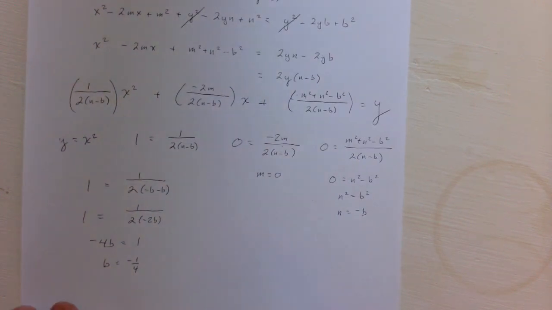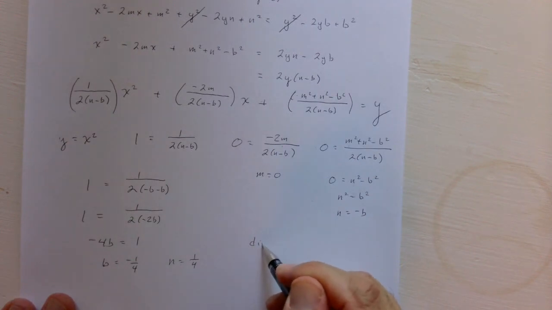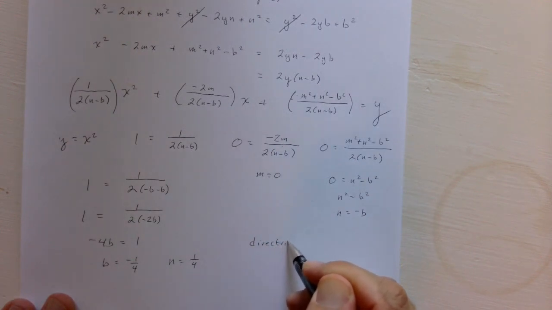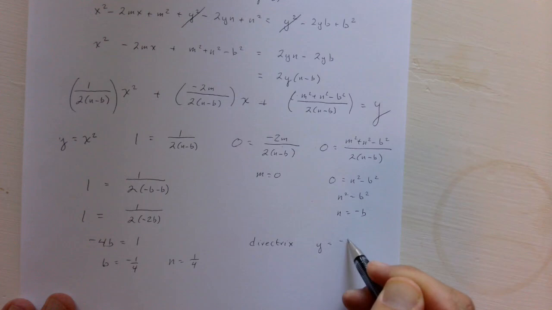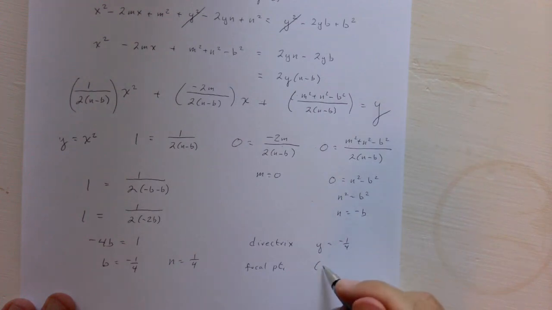That means n is positive 1/4. So the directrix is y equals negative 1/4, and the focal point has coordinates (0, 1/4).